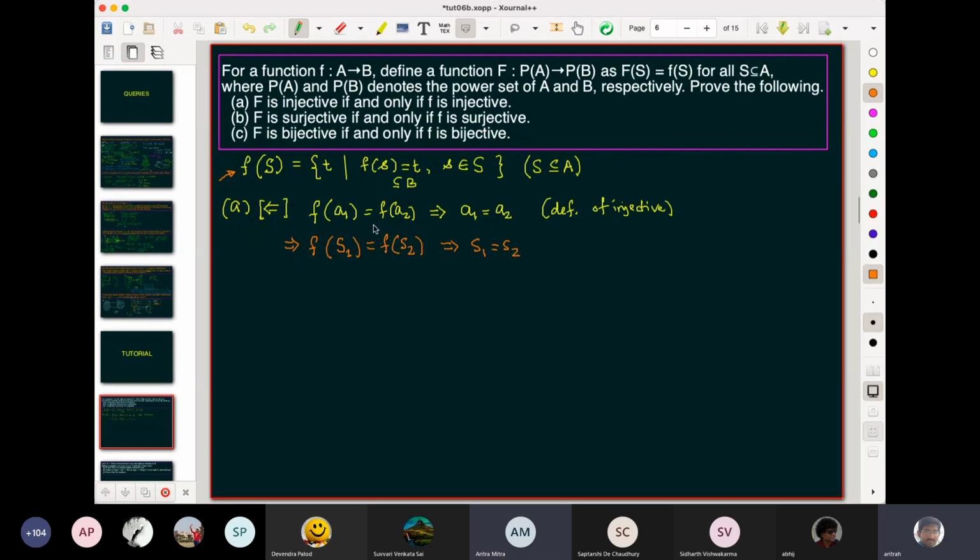Because it happens for any pair a1, a2. Now see, this relation is nothing but F(S1) and this is nothing but F(S2). So this automatically says capital F function is also injective, right?